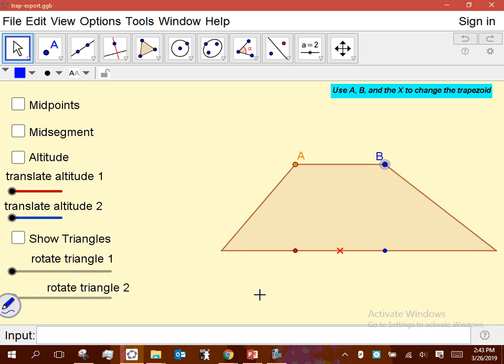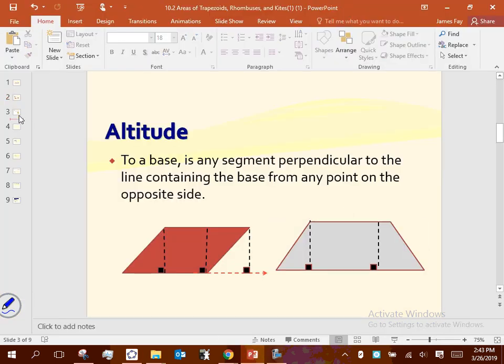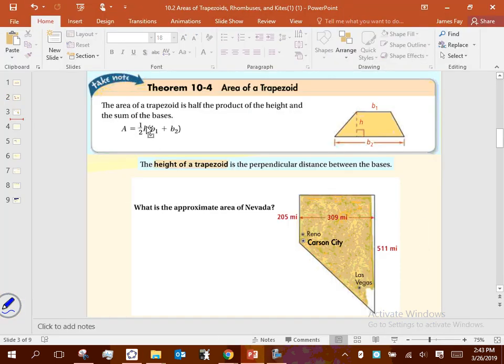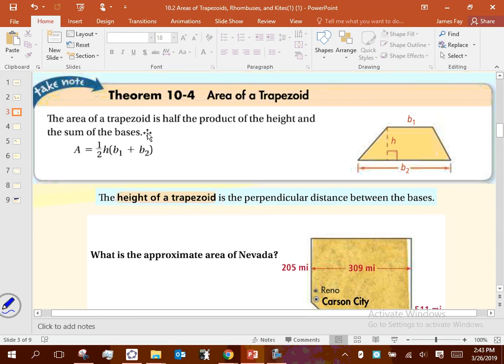Now I'll give you the formula. And I think it's a good idea as you're writing these formulas out to draw the pictures that accompany them, okay? Because some of your formulas are going to have, and this one's got, B1, B2. We haven't seen that before. What are they talking about, B1 and B2?